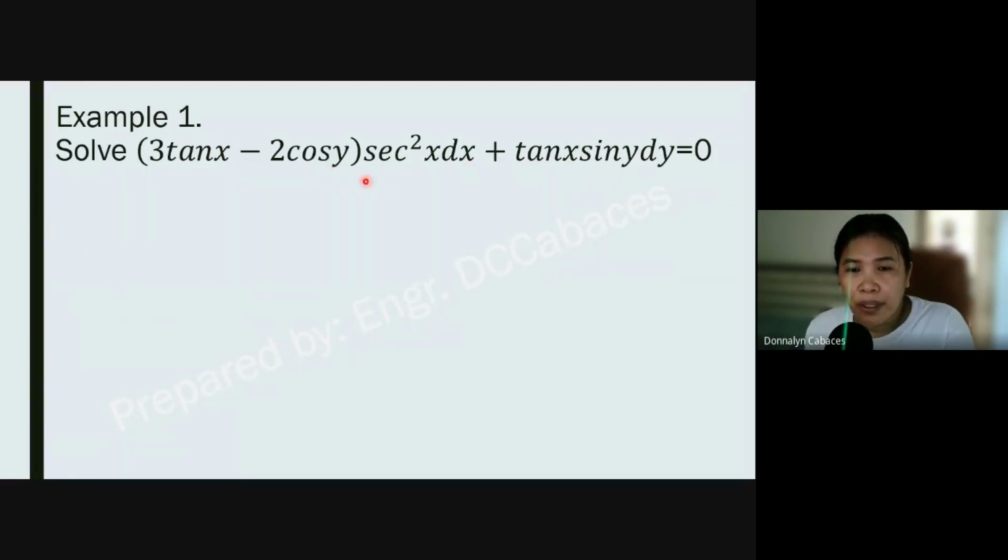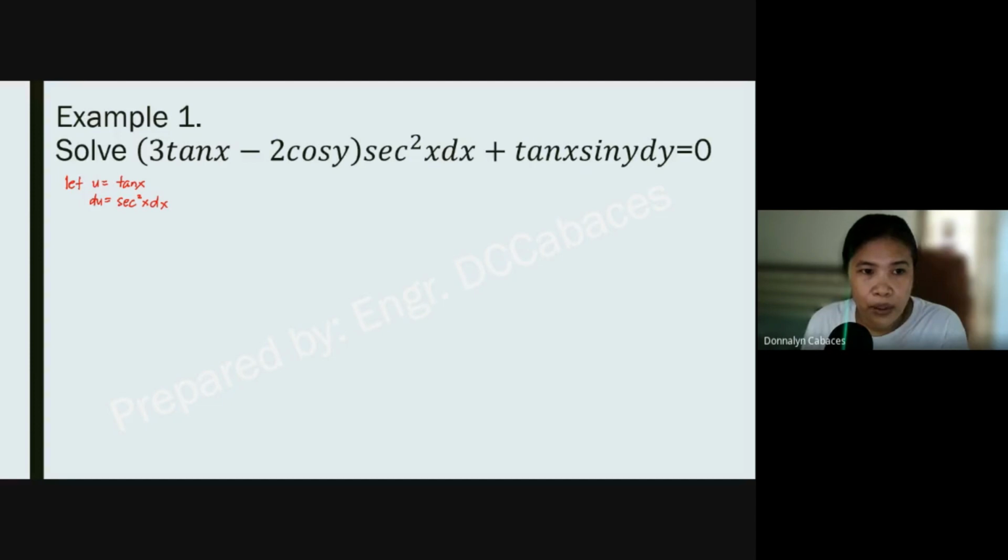There are times in a given differential equation you can do more than one obvious substitution, but you will end up with the same solution. To illustrate the method, let me use this tangent x and this secant squared x. If I let u be equal to tangent x, then our du is secant squared x dx.